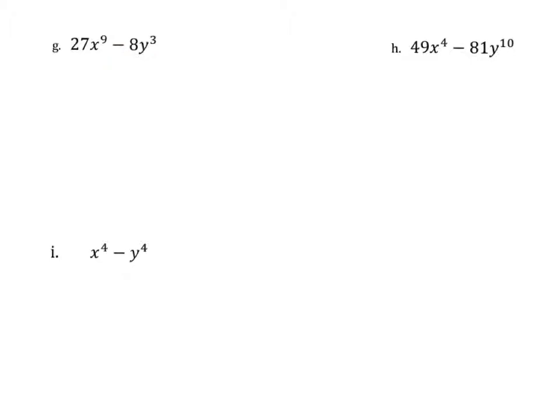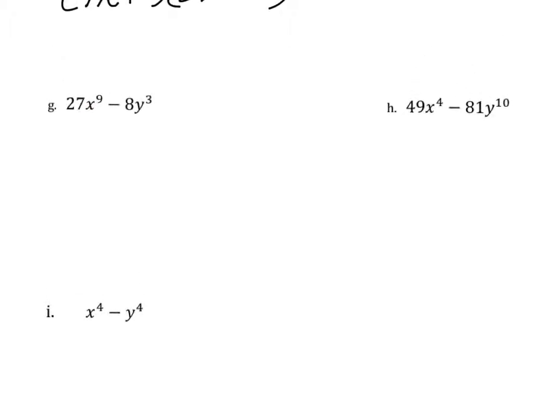Whenever I have exponents that are other than 2 for squares and 3 for cubes, I've got to now think of multiples of 2 and 3. Or we got to think about numbers that are divisible by 2 and 3. Notice that this 9 here and this 3 here are divisible. They're both divisible by 3, all right?